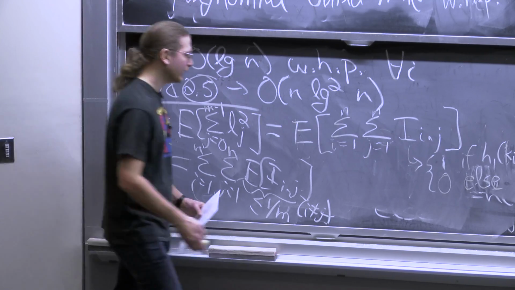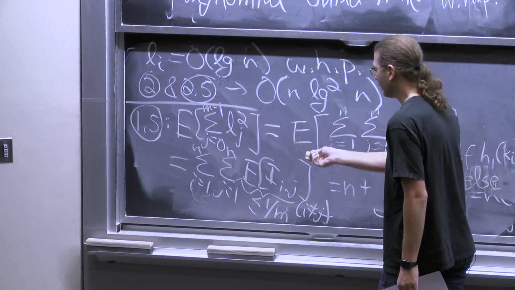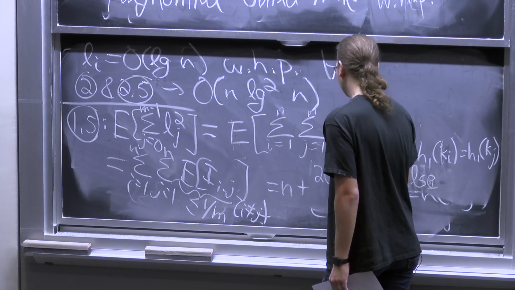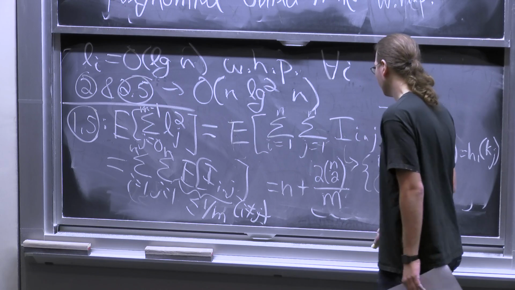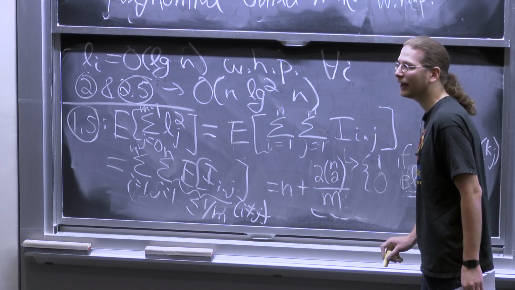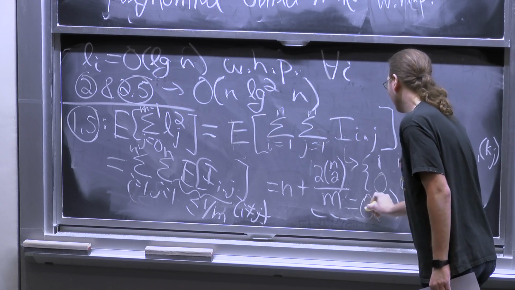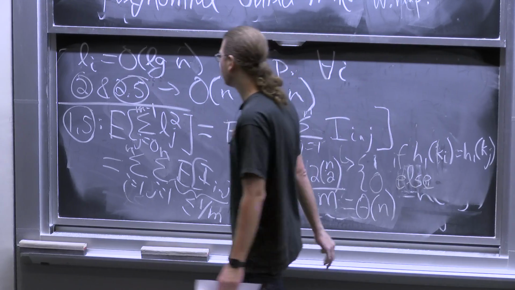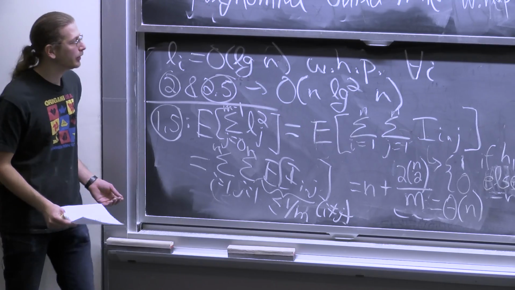So we're going to get n plus the number of i not equal to j pairs double counted, so it's like 2 times n choose 2. But we get to divide by m. So this is like n squared over n. So we get order n. OK, so that's cool. Expected space is linear. This is what makes everything work.